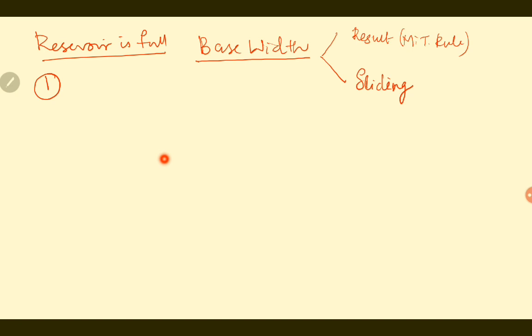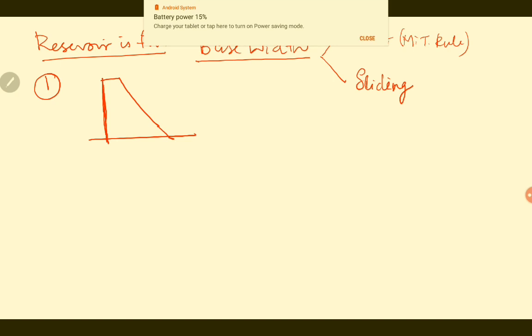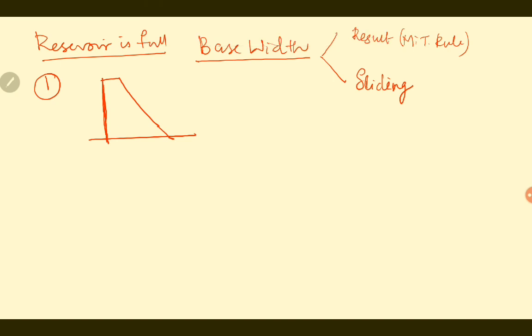The condition is that the resultant must pass through the middle third. Now, in the case of reservoir full, where will the resultant pass through? What is the maximum possible point which ensures that there is no tension developing in the heel part?